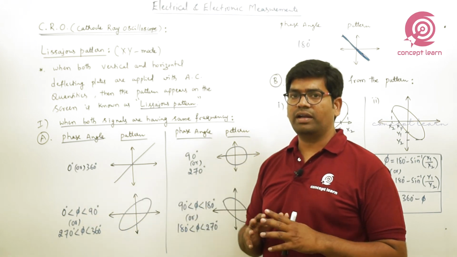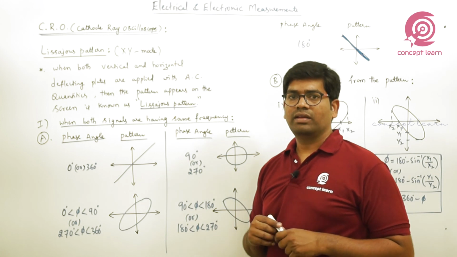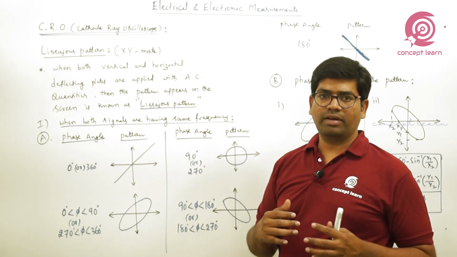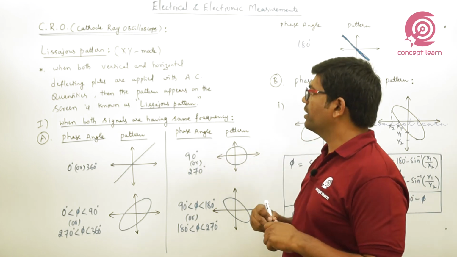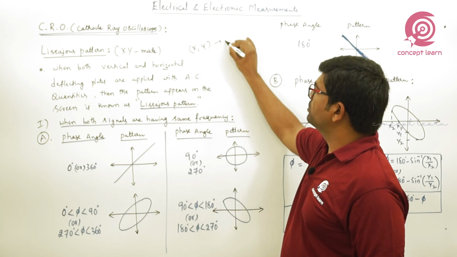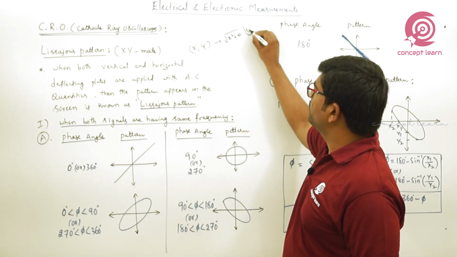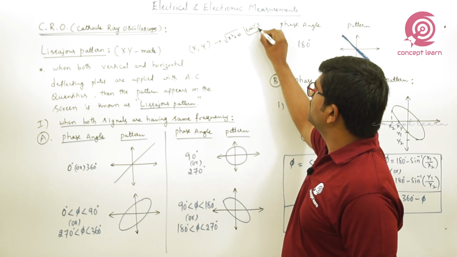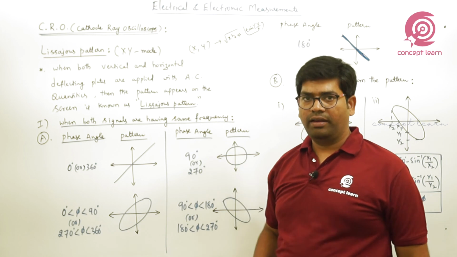Conventionally, we need to deal with polar form conversion. If the rectangular form is x comma y, the magnitude is the square root of x squared plus y squared, and the phase angle is tan inverse of y by x. Such relations we use to get this pattern.